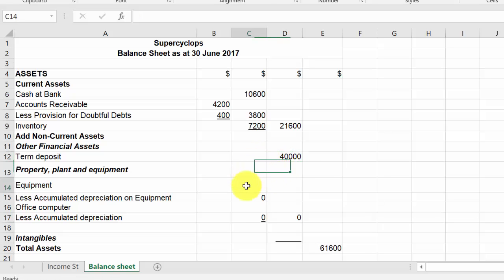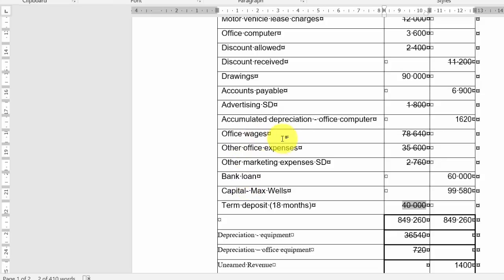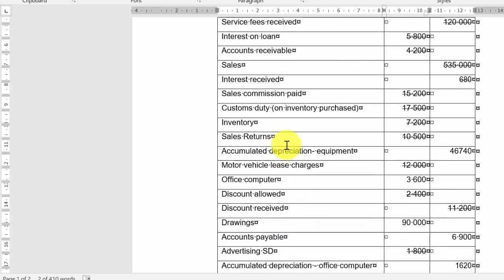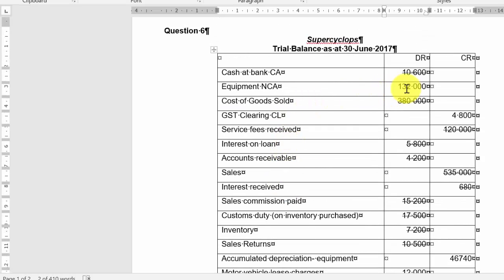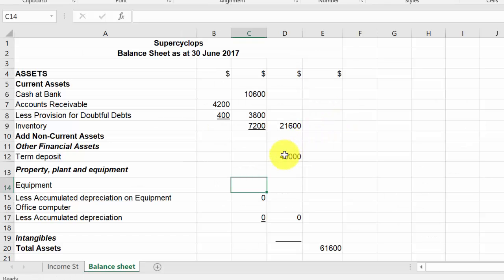Maybe it's over here. Yep, there it is. My equipment, let's have a look. My equipment is $132, and what I have to do, I have to calculate the net amounts. So that should be over here, I think. Yep.